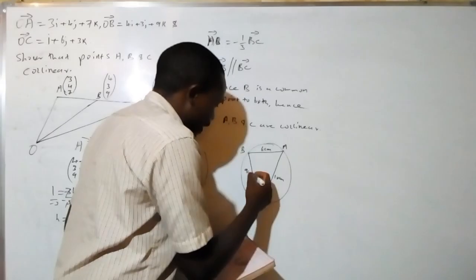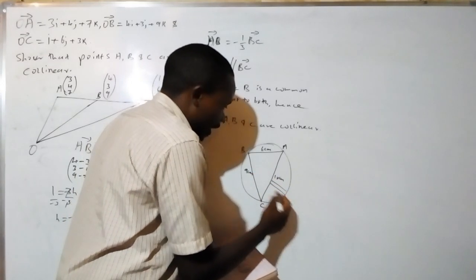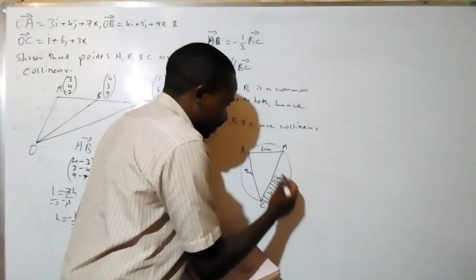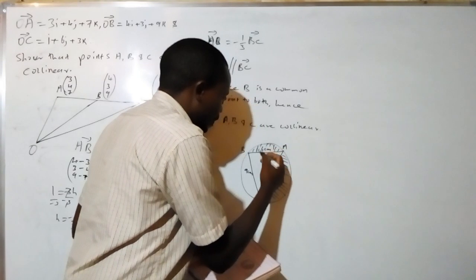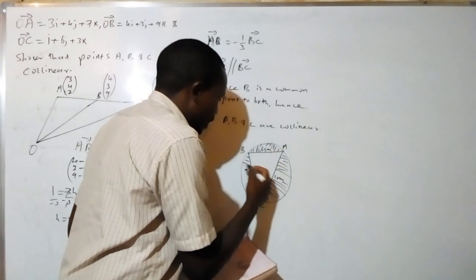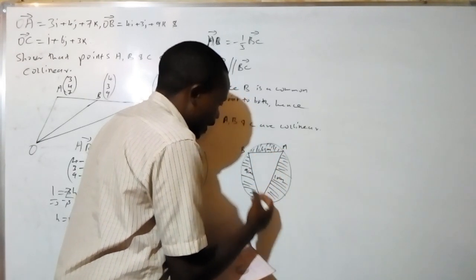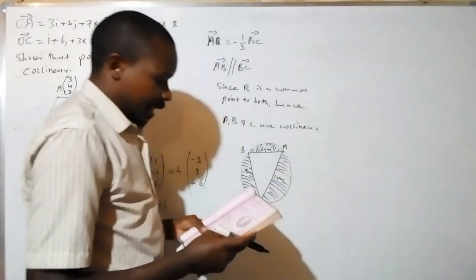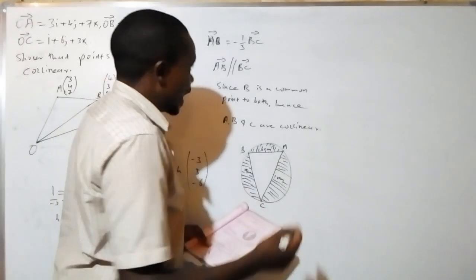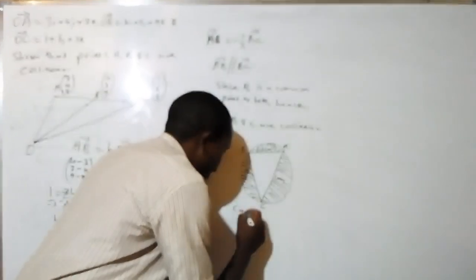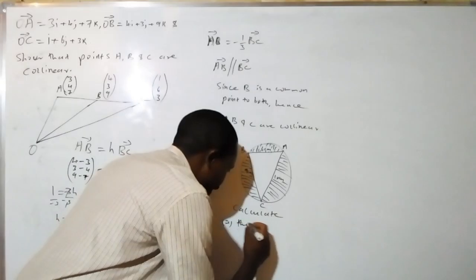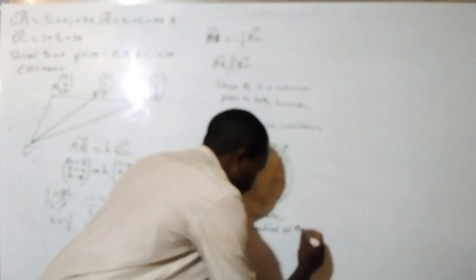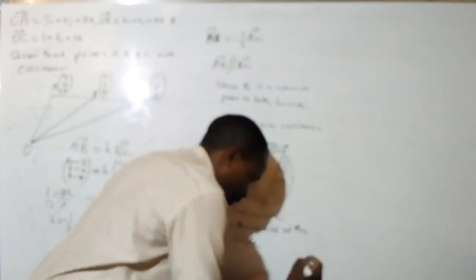And this part is shaded. Calculate the radius of the circle. 5 marks.